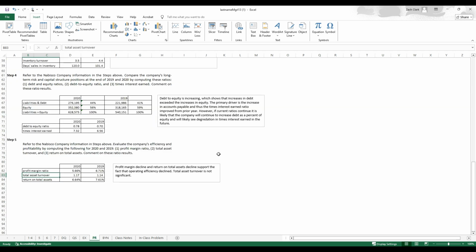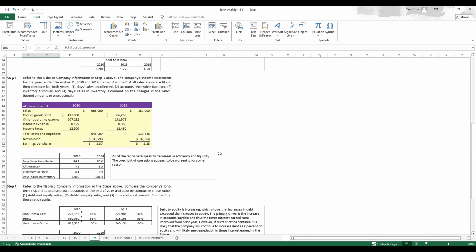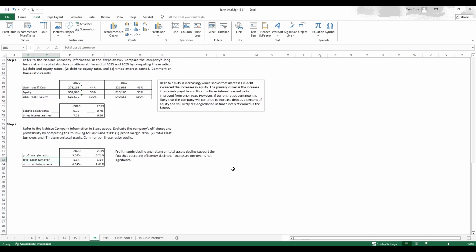And yeah, I think the biggest problem here obviously was this one where we had to go through and do a lot of analysis. But I think that's kind of fun. You get to develop a perspective of the company and get some of these key performance metrics. The ratios start to tell a story, or at least it helps us tell the story from the financial statements. And sometimes that story is not always positive, as we've seen in this example. Sometimes businesses are struggling for a number of different reasons.